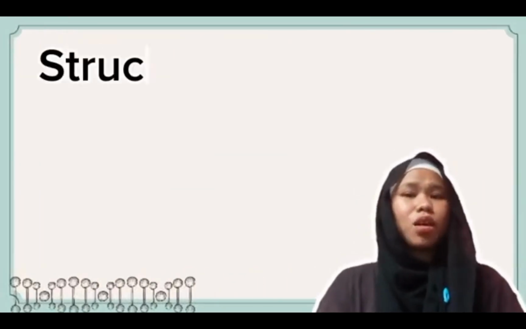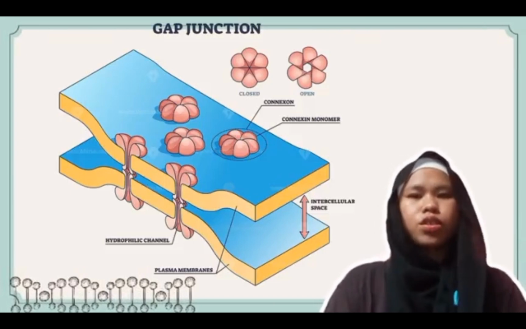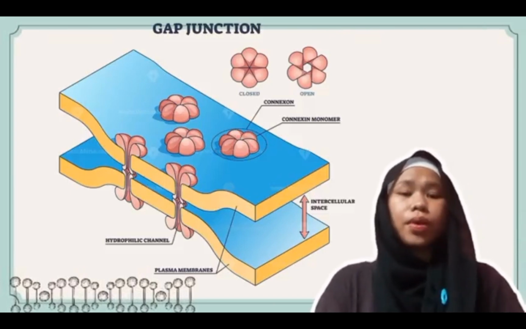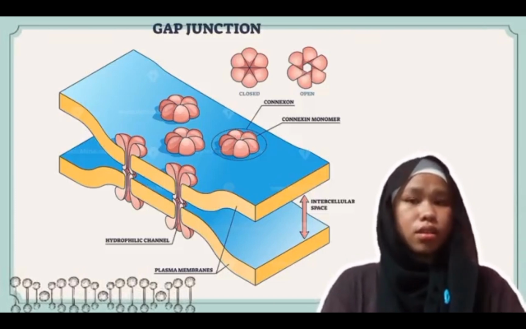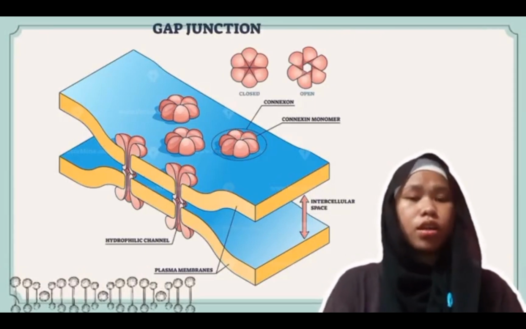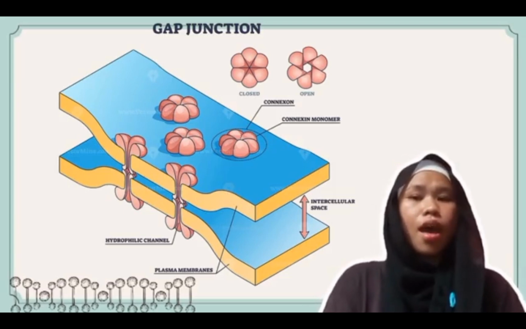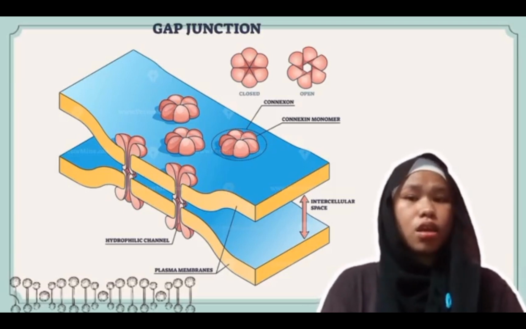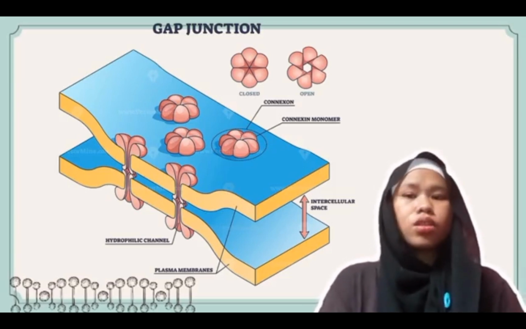Next, let's talk about its structure. As you can see in the picture, there's a connexin monomer or connexin subunits, and hydrophilic channels or gap junction channels, and also intercellular space and plasma membrane.